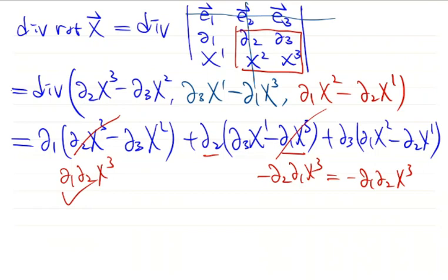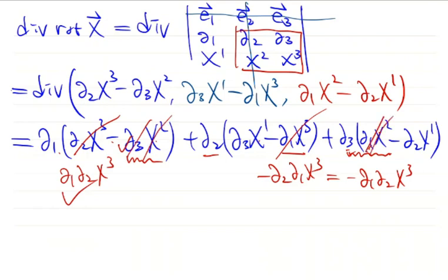Similarly, the other terms, for example the x2 term d1 d3, can also be cancelled with this term: d1 d3 x2 and d3 d1 x2. There is a negative sign here and a positive sign there, so they cancel.